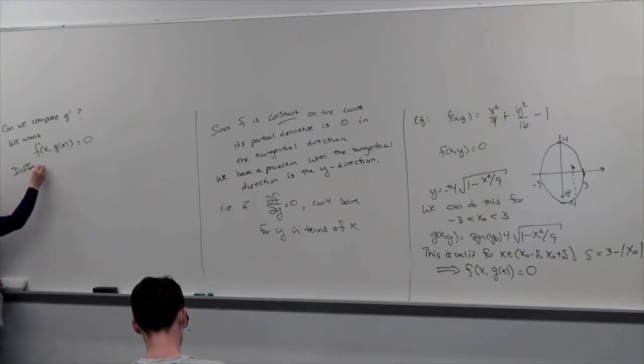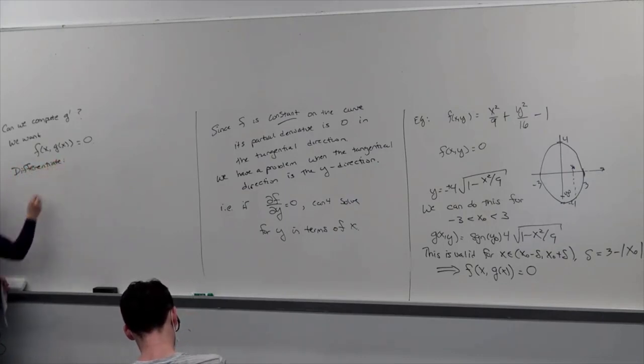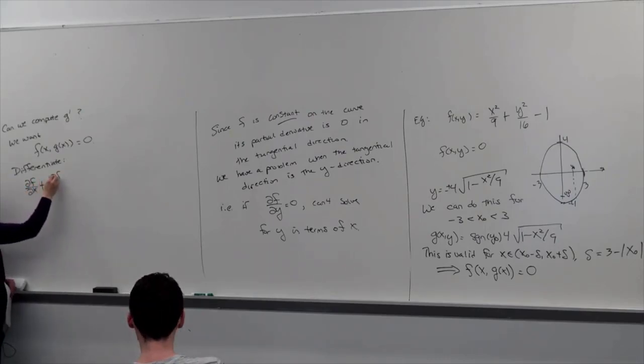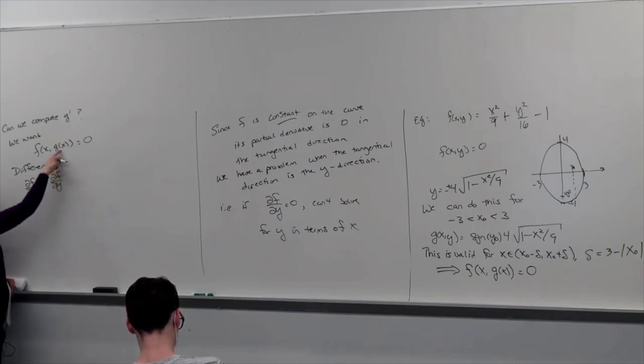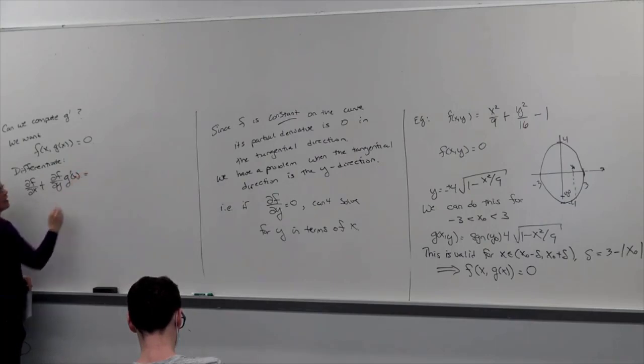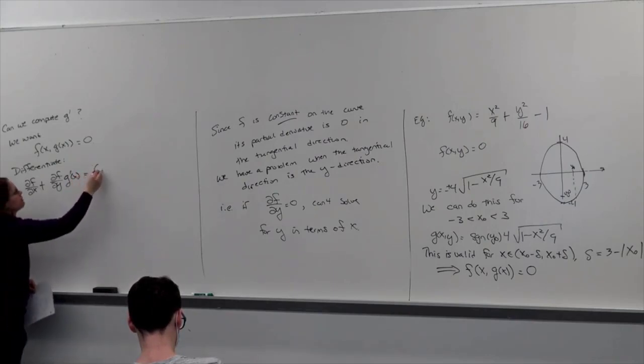All right, so let's differentiate this. Okay, and what does my chain rule say? Well, I need to take a partial of f with respect to x plus a partial of f with respect to y times the derivative of this inner function. And the derivative of 0 is 0.